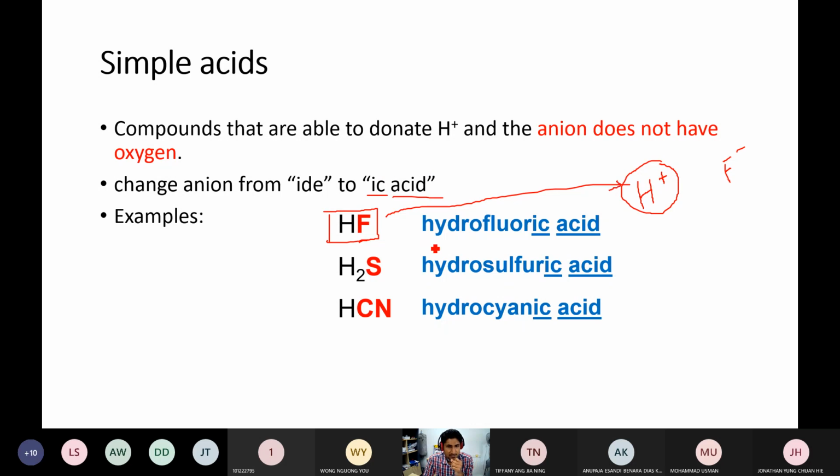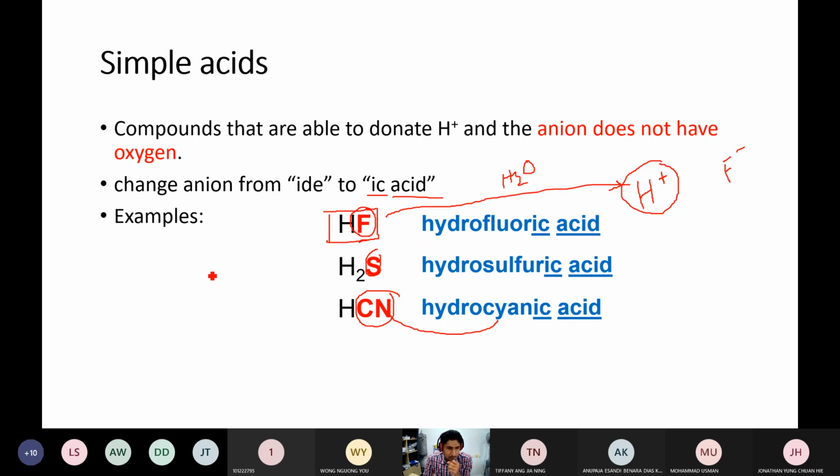This is the name of the acid, hydrofluoric acid, because it was a fluoride, sulfide, and cyanide. So from fluoride it becomes fluoric acid, from sulfide it is sulfuric acid, and from cyanide it is cyanic acid.